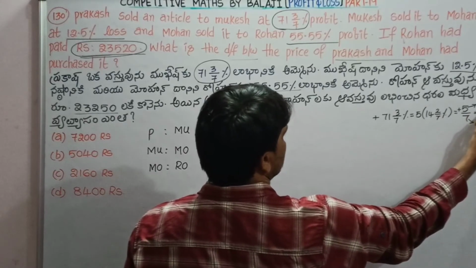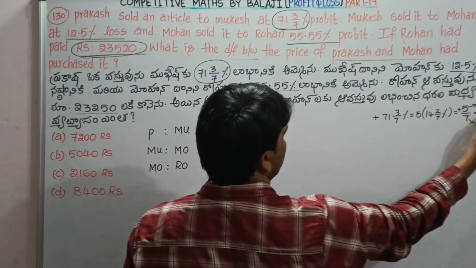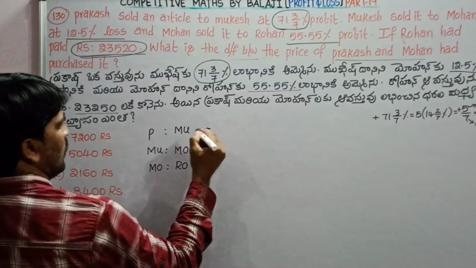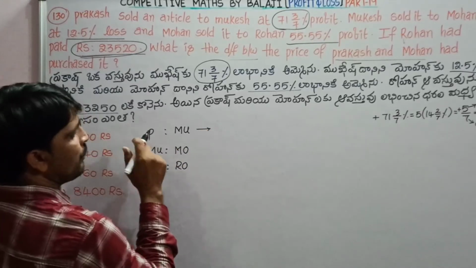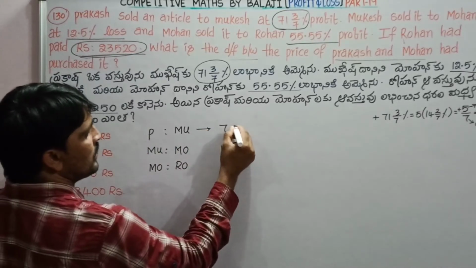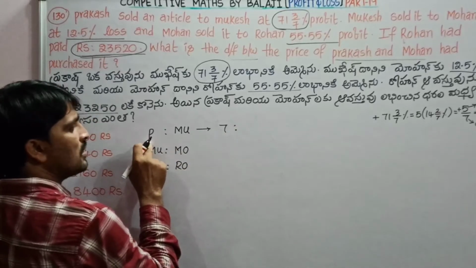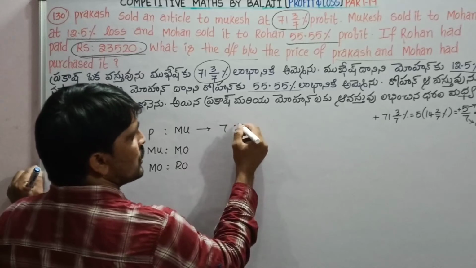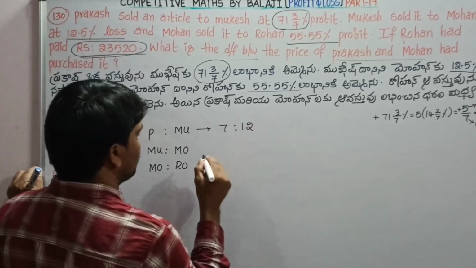In this case, selling price is 7 plus 5, 12 units. Cost price of the article for Prakash is 7 units. Then selling price for Prakash or cost price for Mukesh is 7 plus 5, 12 units.